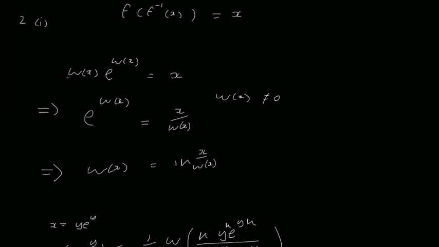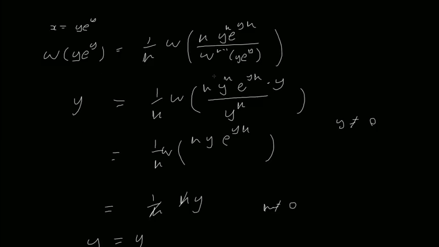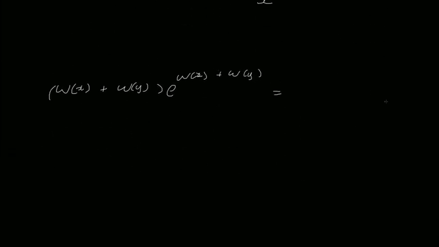So w of x plus w of y times e to the power of w of x plus w of y should equal the argument of the output, which is xy times this. Well, this is our expected value. So we're expecting xy over w of x plus xy over w of y.